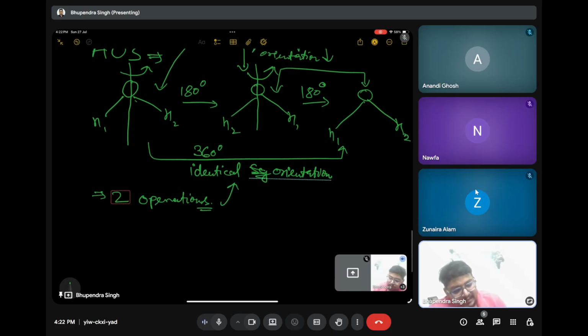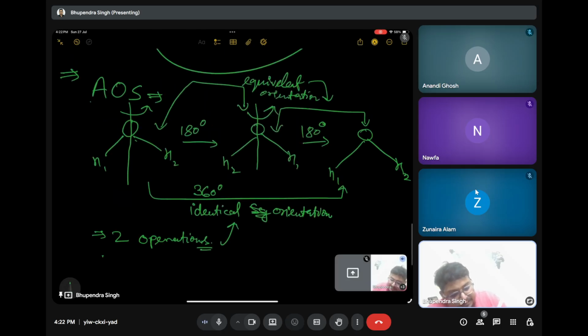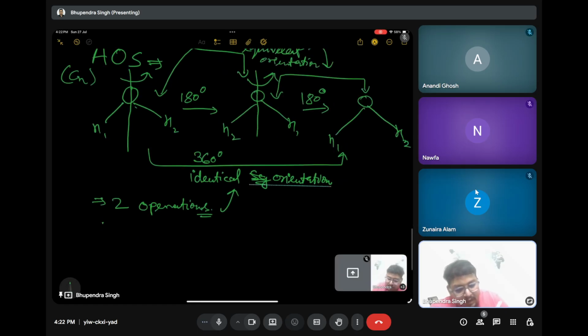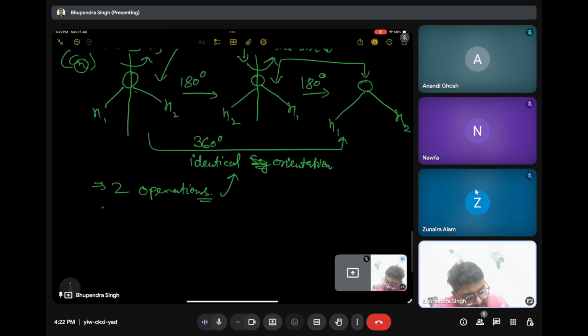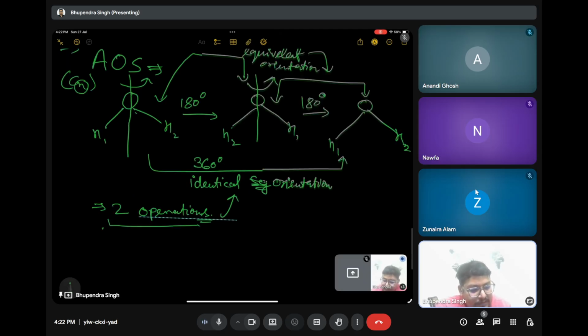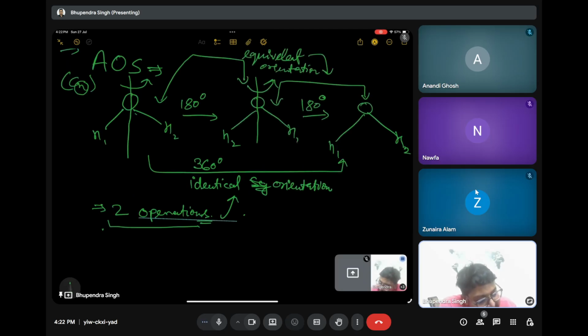So how do you decide this axis of symmetry? We represent the axis of symmetry by Cn. How do you determine this n? Cn is how many operations you require to get the identical structure. In our water example, it is 2.